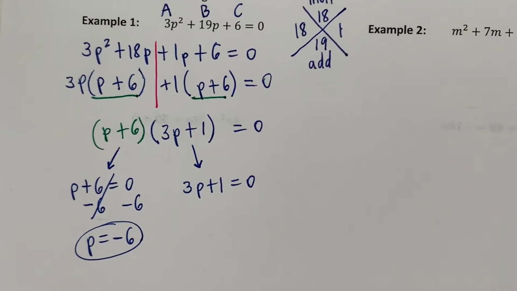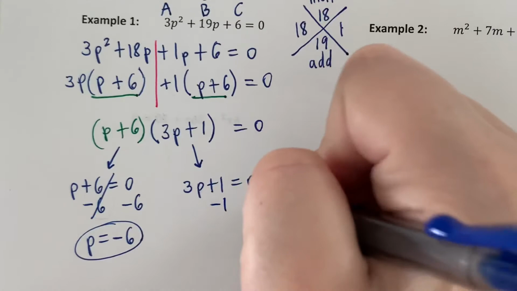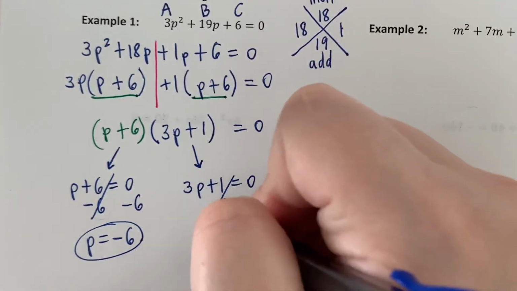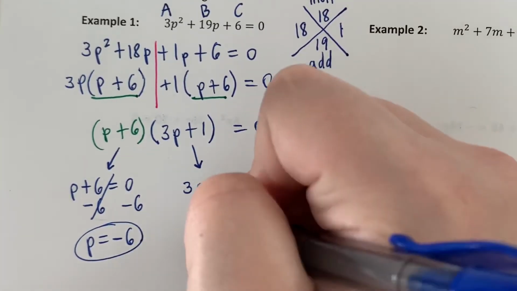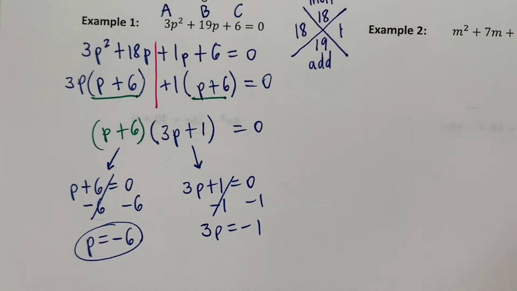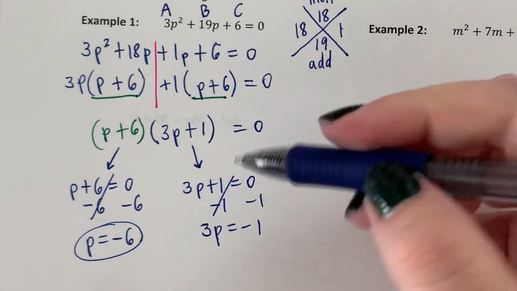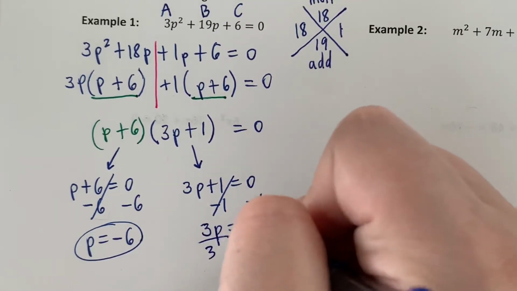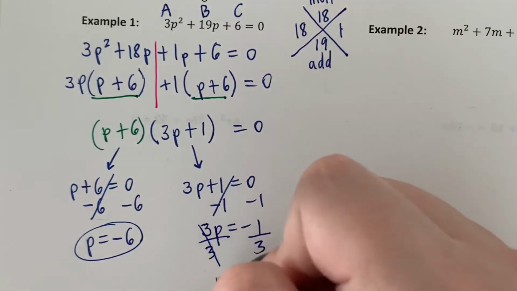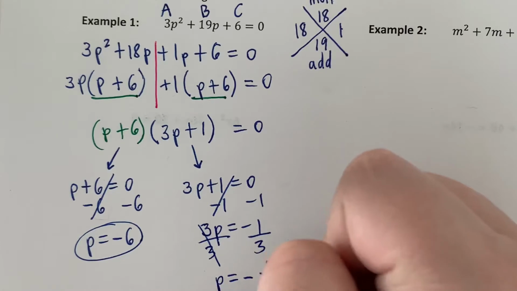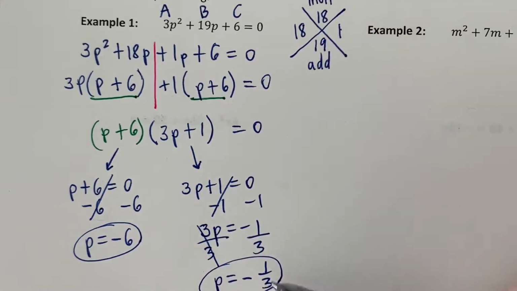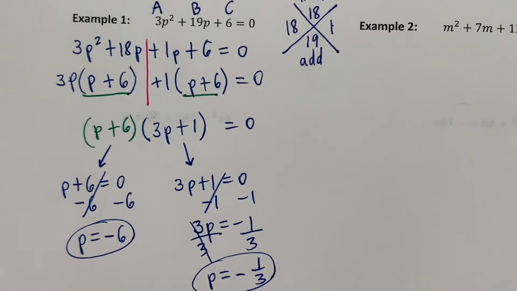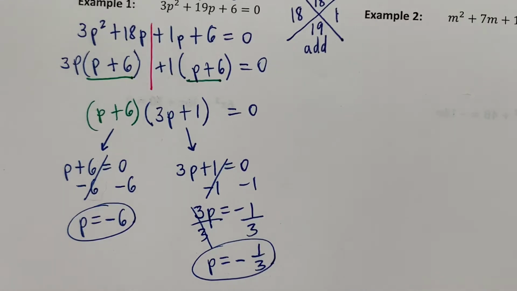So the first thing I would need to do is subtract 1 from both sides, and I'd be left with 3p equals negative 1. Now I'm still trying to get p by itself. This is 3 times p. So to undo that, I would divide by 3, and I would get final answer, p equals negative 1/3. That's perfectly fine. We can leave it as a fraction, no big deal there.